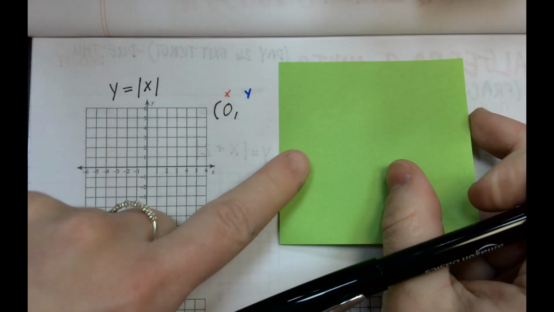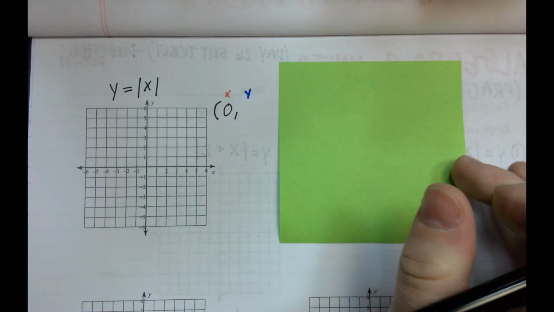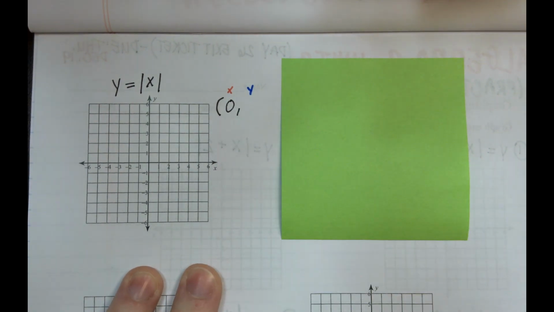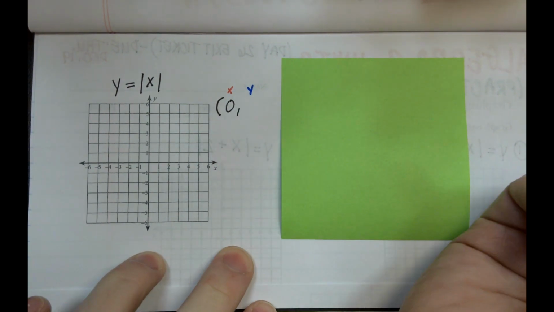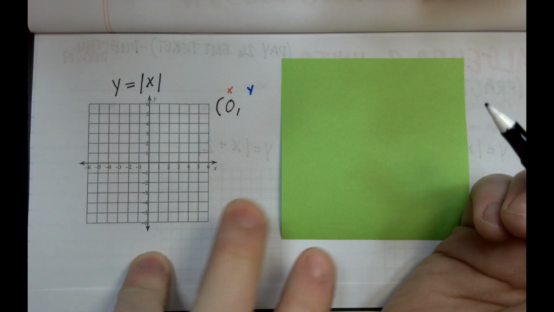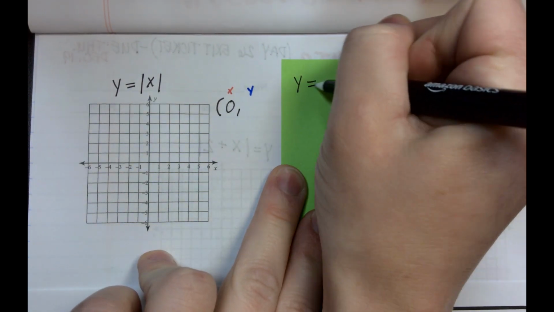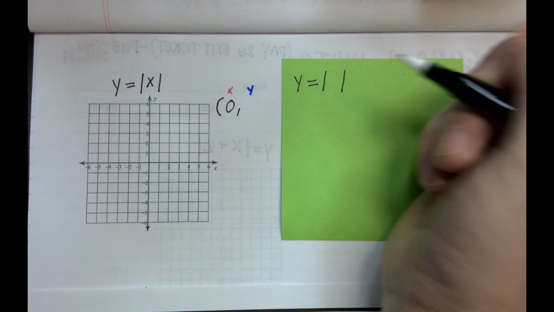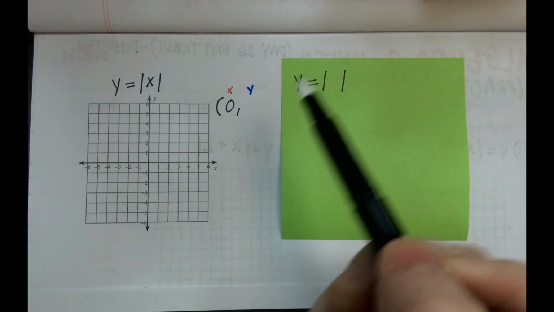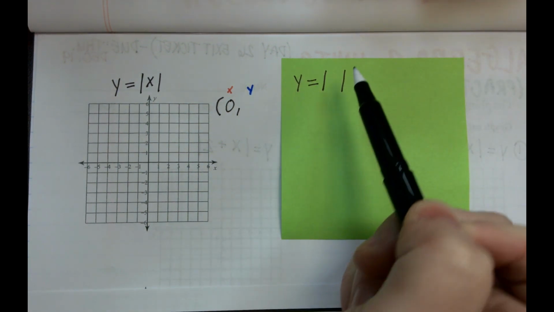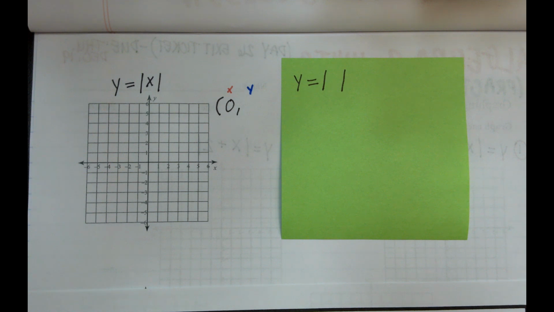So if we wanted to figure out what our y value would be, how would we do that? It's 0. It's also going to be 0. How did you know that though? Because it's equal to x and absolute x is going to be 0 as well. Yes. So this is our equation. Y equals the absolute value of whatever your number is for x.